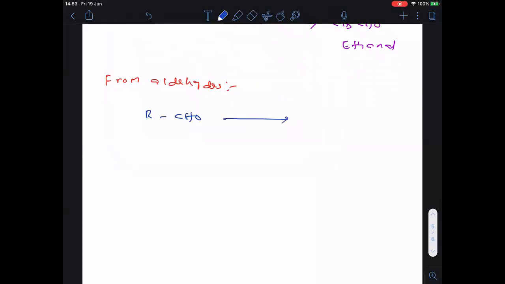So aldehyde will undergo oxidation with a mild oxidizing agent like Tollens reagent, or even we can use a strong oxidizing agent like KMnO4, no problem. So we can use Tollens or KMnO4 for anything. Here we will get carboxylic acid. If you use strong or mild, in both cases you will get the same thing only.